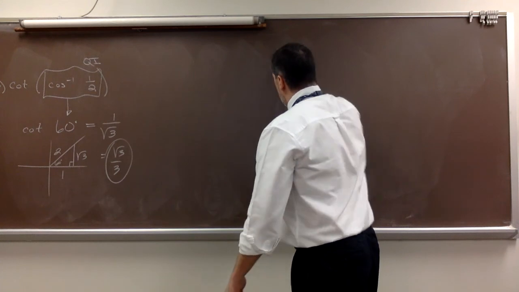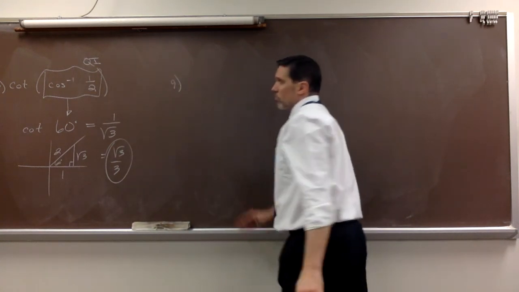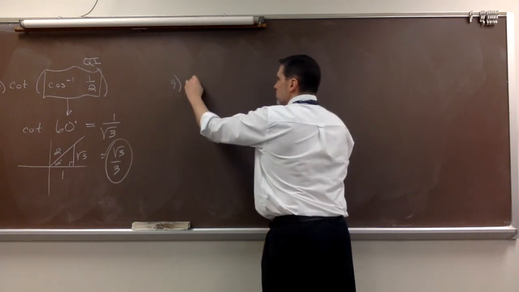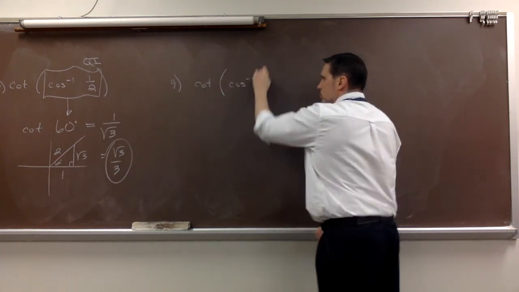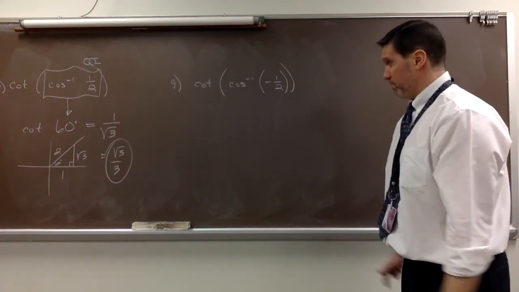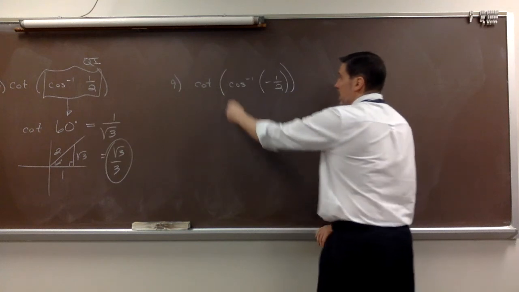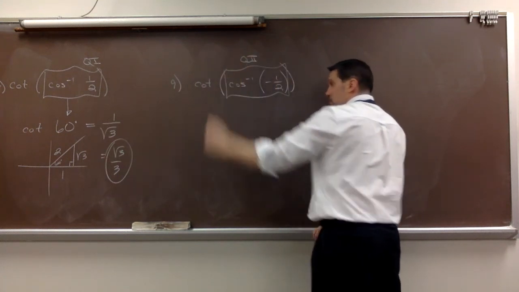Now, as far as how this problem would change, keep everything the same except for the cosine inverse. Let's make it negative 1/2. And things do change because this we now have to evaluate in quadrant 2.